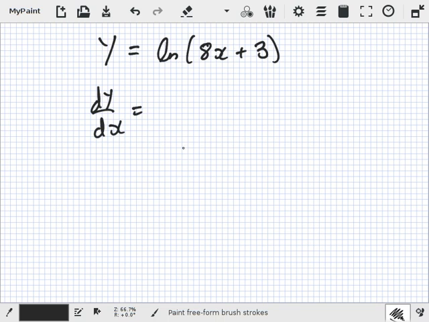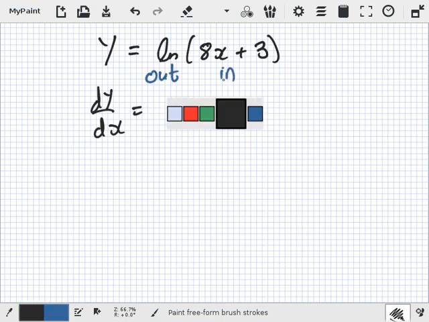What you do is, first you differentiate the outside. There's two parts to this. There's what's called an outside and an inside. So what's the derivative of log x? Does anybody know? Log x, its derivative?